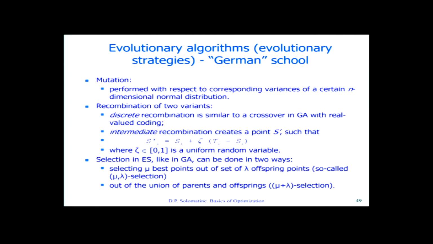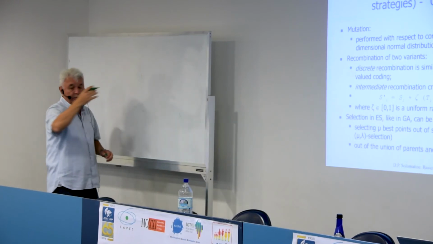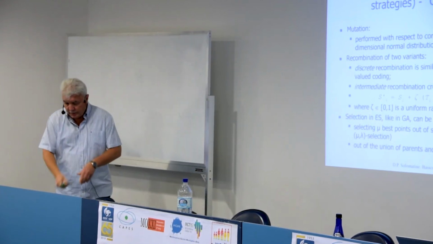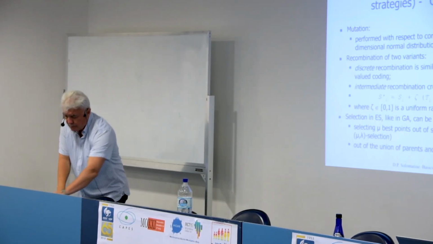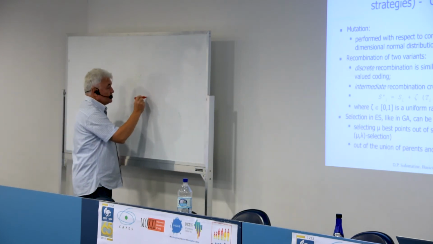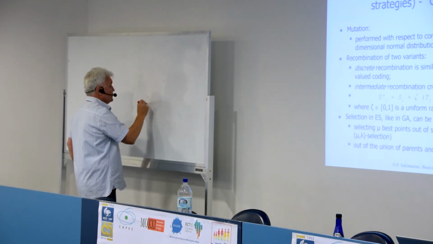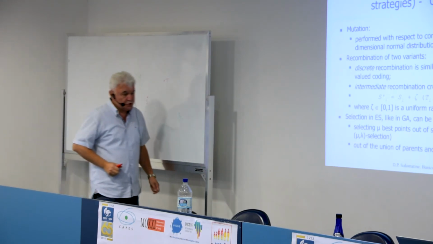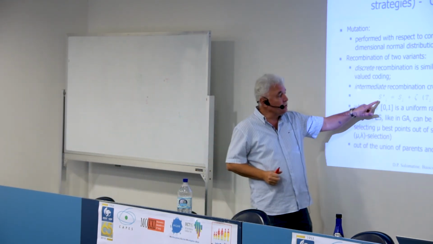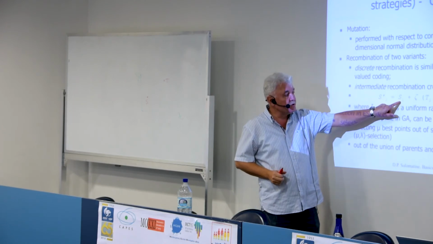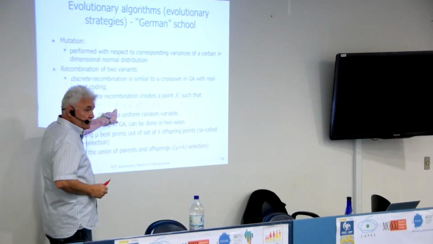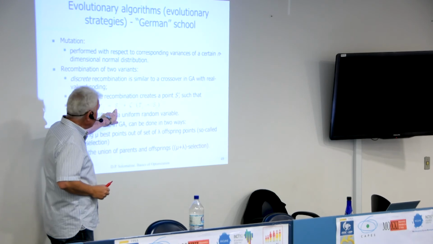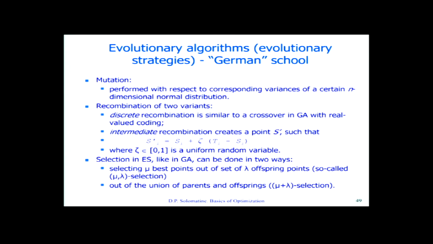If this is x1, x2, objective function points at u, so this is 1 parent, this is S, this is T, and now we generate an offspring. This offspring is the same as the previous parent, S, but moved in the direction of T.